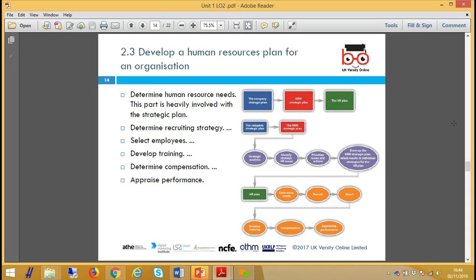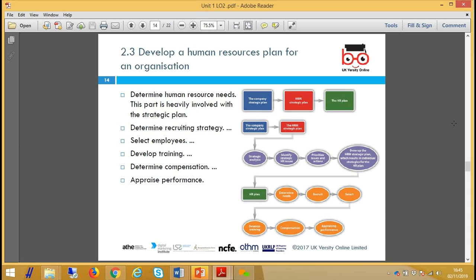Then you develop your HR strategy and HR plan from that, right? So the company strategy gives you your strategic HRM plan. You have to do the environmental analysis, internal analysis, external analysis, identifying your key priorities in terms of HR priorities also, and so on. And that's your HR plan.